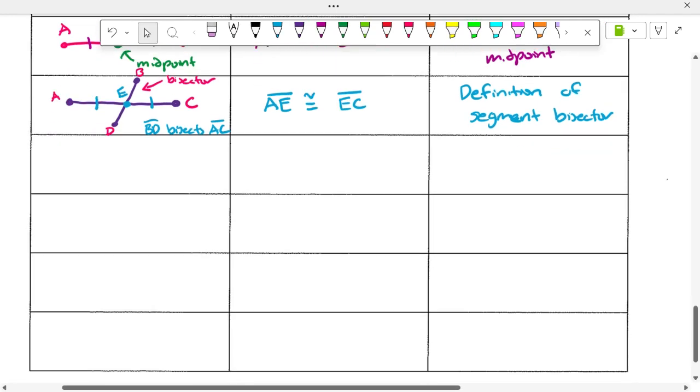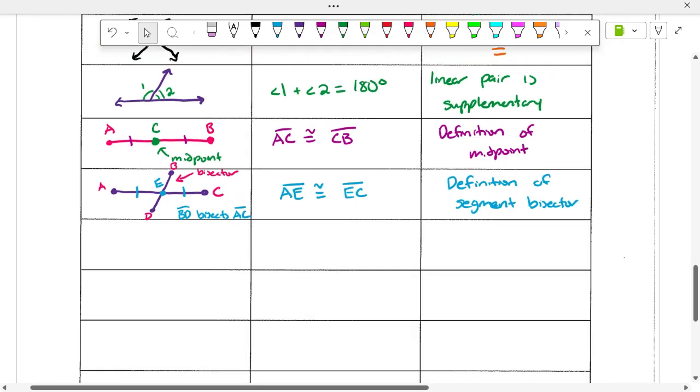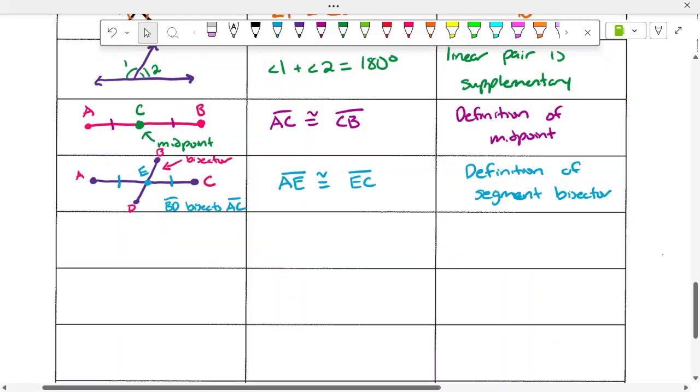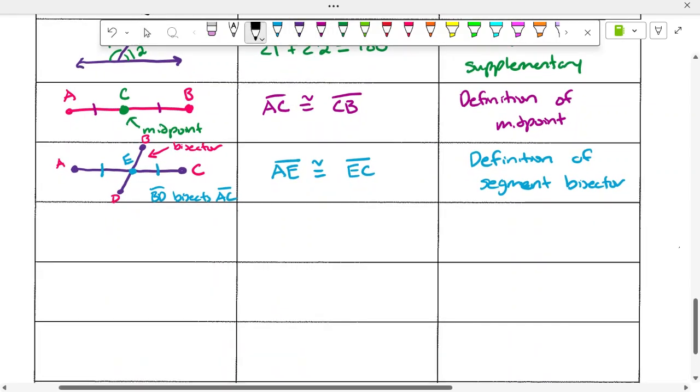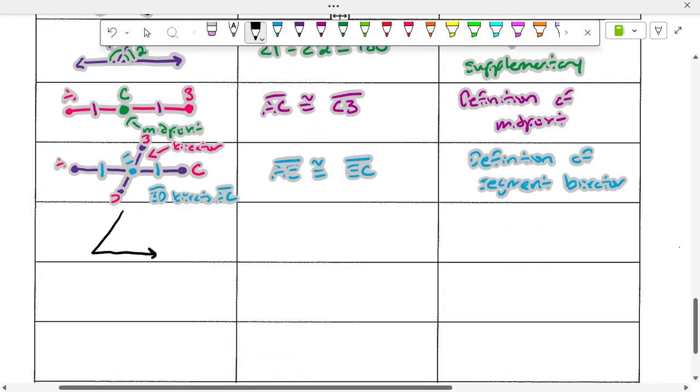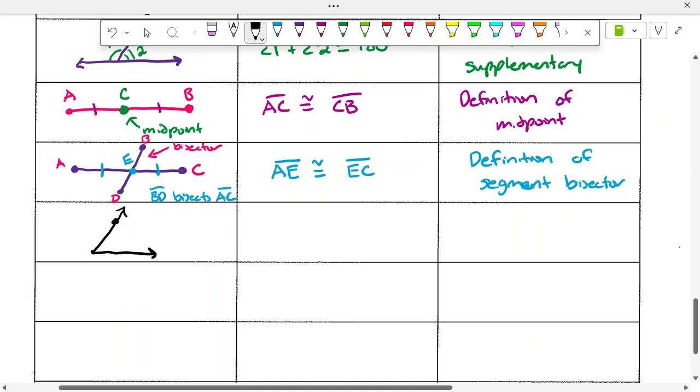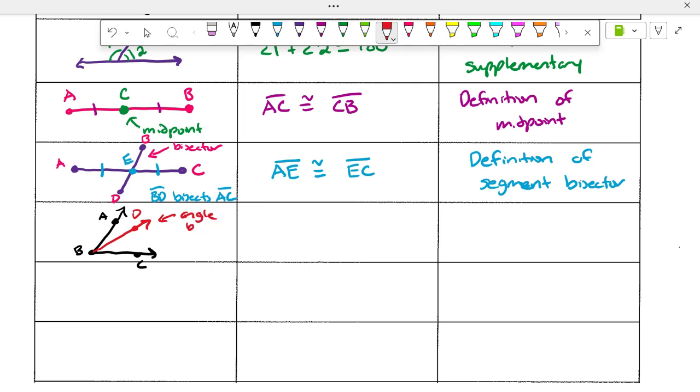We're almost done, guys. A couple more reasons. Now, there's also angle bisectors. So let's say I have this angle. I'm going to call it ABC. And the segment, let's call it BD, bisects. So this is an angle bisector. What does an angle bisector do?